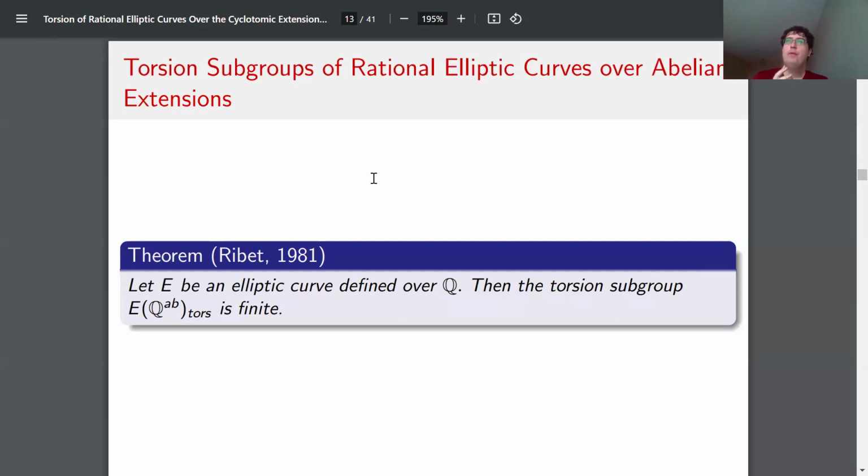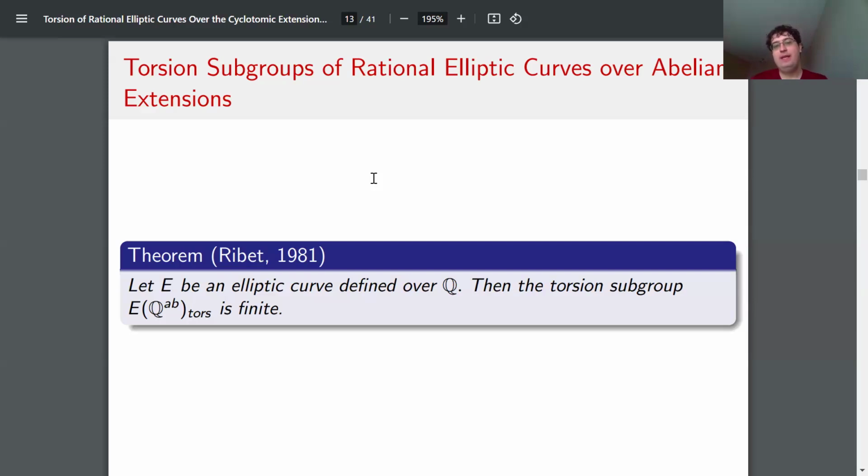One of the tools to study that is, we know that due to Kronecker-Weber, all abelian Galois extensions are contained in some cyclotomic field, and the maximal abelian extension of Q is basically Q adjoined all the roots of unity. So Ribet's result is very promising.